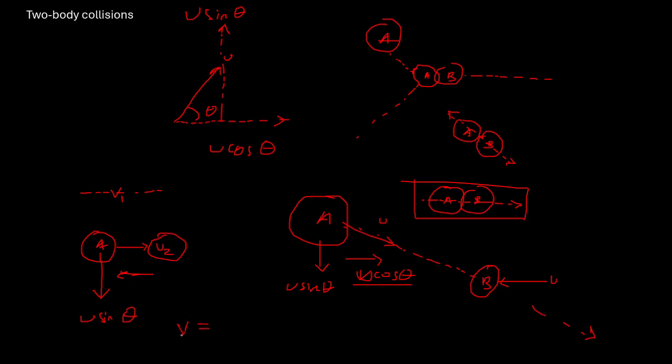Let's consider the speed of A to be v2. The actual speed of v2 would be the square root of u2 squared plus u sine theta squared. You can just use the hypotenuse right-angle triangle rule, and you get this.